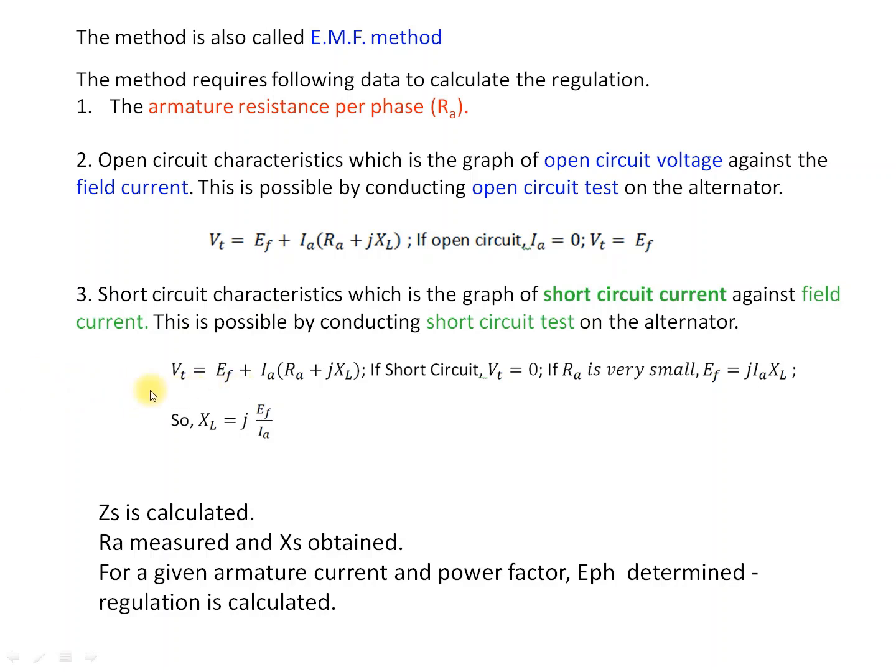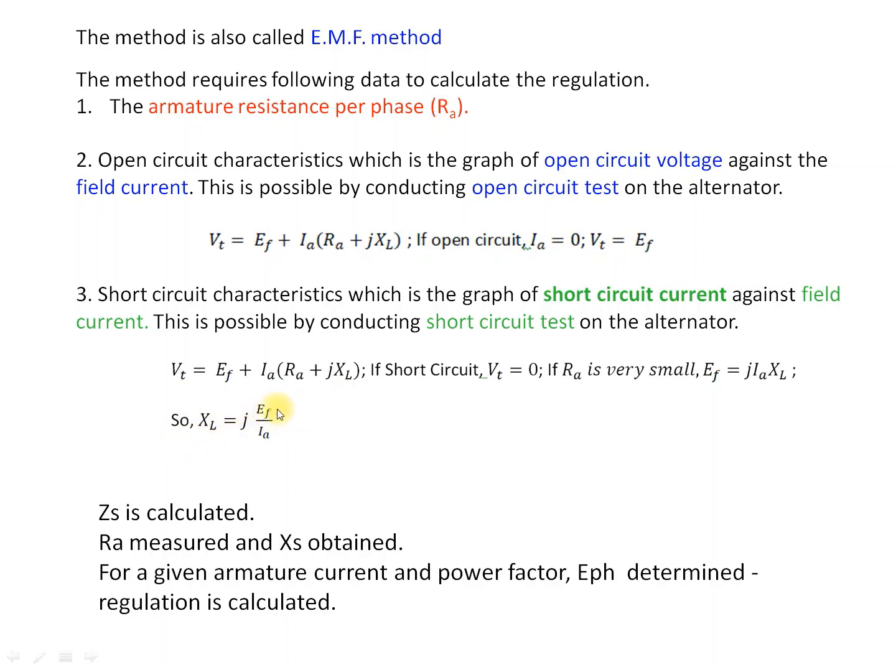So our terminal voltage equation becomes, if the short circuit is given, then VT will be equal to 0. If VT is equal to 0, normally the Ra will be very small. If the Ra value is small, then EF is equal to j Ia XL. So what will be the XL? XL is equal to EF divided by j Ia.